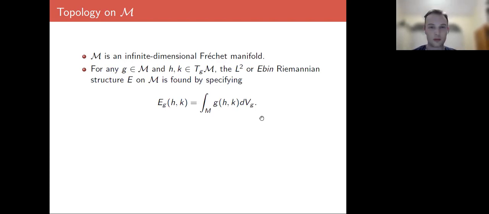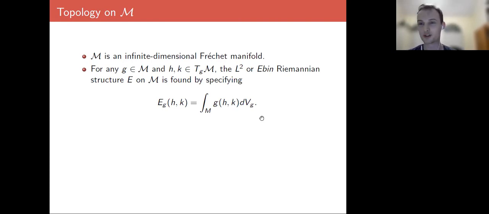Perhaps what is more important is the fact that you can put a Riemannian structure on this infinite dimensional Frechet manifold. Just like with manifolds and Riemannian metrics, where you specify an inner product on the tangent space at each point, you can do the same thing for this infinite dimensional Frechet manifold.